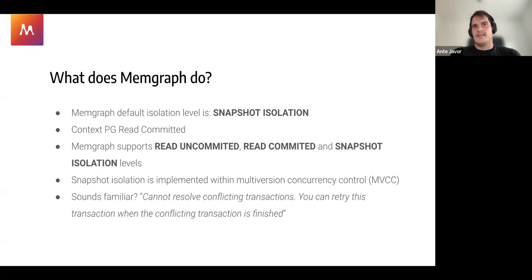Some of you may find this familiar, the error you can receive from Memgraph: cannot resolve conflicting transactions, you can retry this transaction when the conflicting transaction is finished. This is a good error to get, because Memgraph is communicating that a few transactions are trying to write to the same node, and it's not possible because snapshot isolation is protecting this.